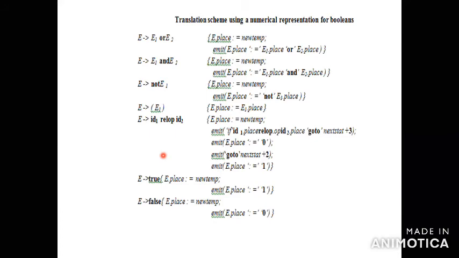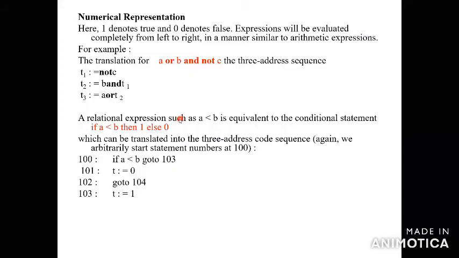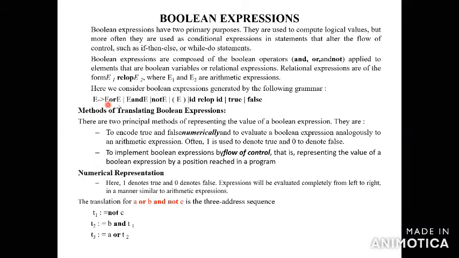So here, this is the syntax directed translation scheme, the numerical representation of Boolean expression. This is for the syntax. The left side indicates the operator, logical operator, relational operator. E goes to E and E, not E, bracket of E, ID relational operator ID, true, false.